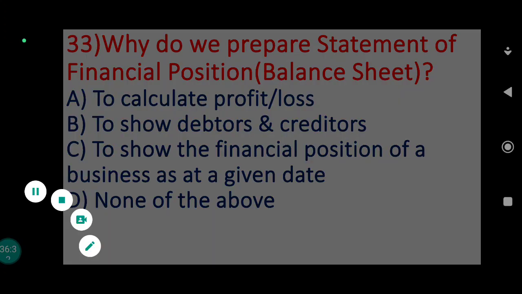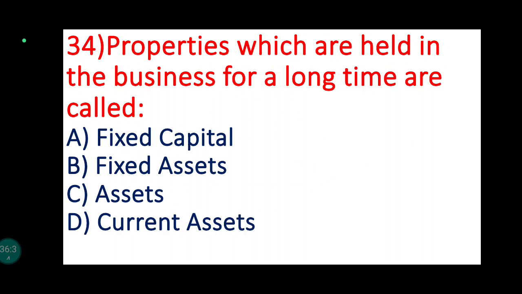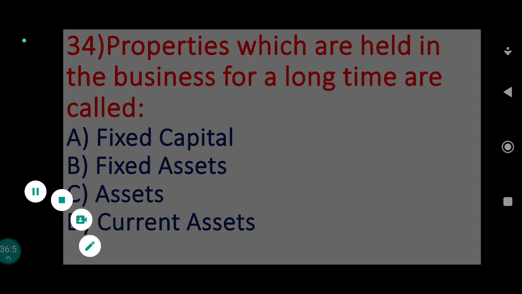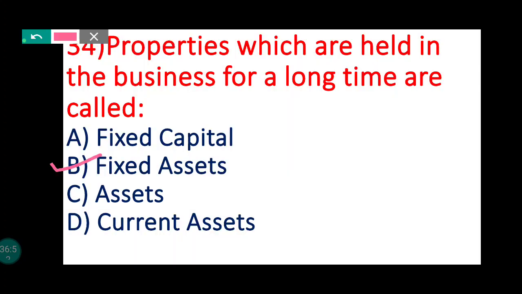Point number 34. Properties which are held in the business for a long time are called. So now this is, you know very well, we saw above, for the long time the properties which are held in the business are called as fixed asset or non-current asset.